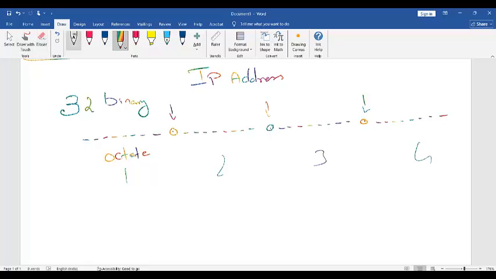Now, because the number of bits in each group is the same, if you understand this one, it's the same thing for this and this and this. Am I right? Because all have the same 8 bits.